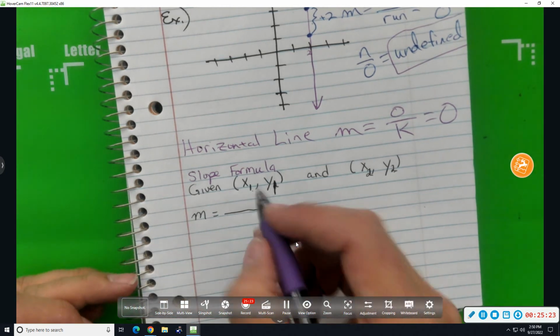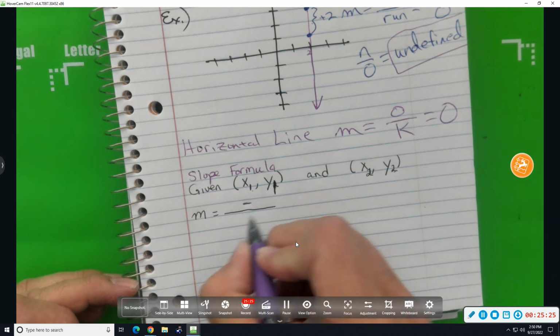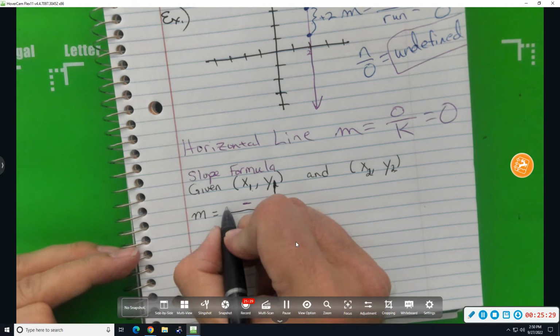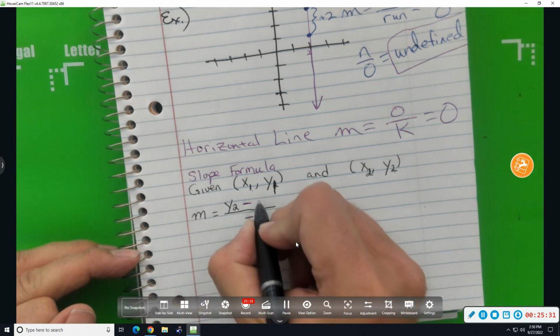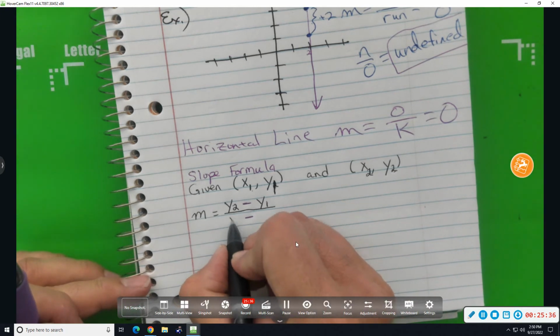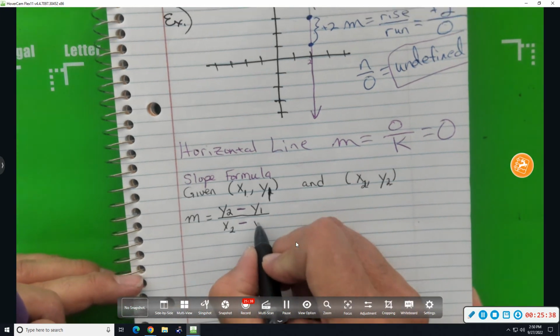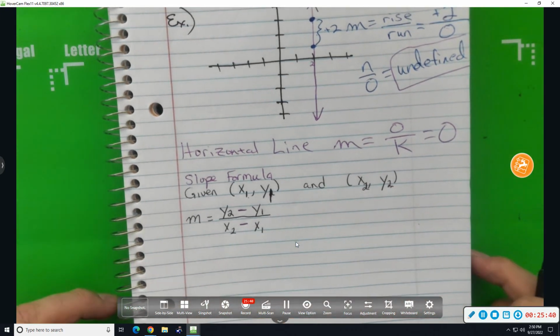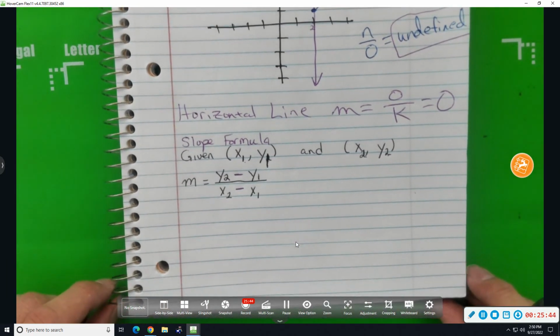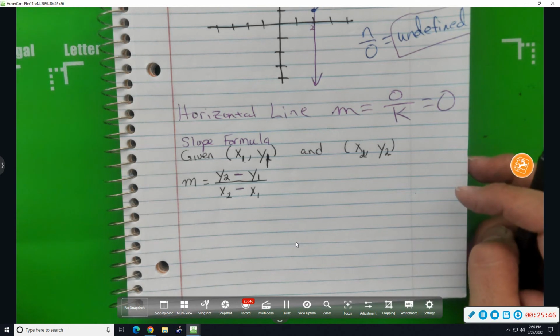The slope formula, a way to calculate rise over run rather than graphing and counting, is like this. Second y minus first y over second x minus first x. So if someone asks, what's the slope formula? y2 minus y1 over x2 minus x1.